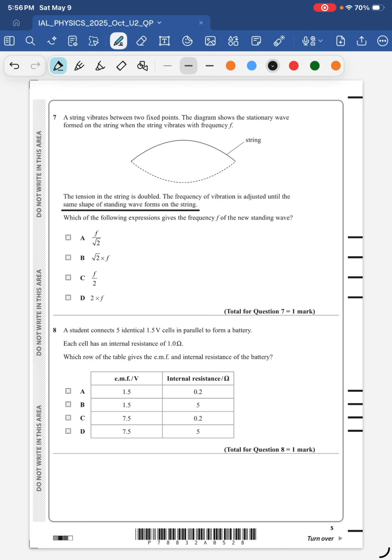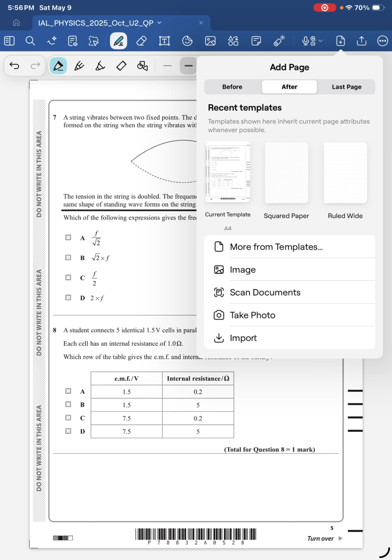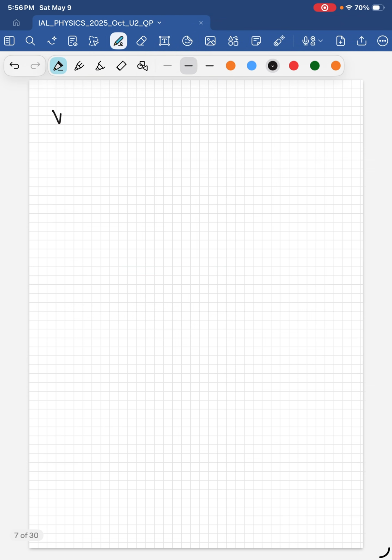So what I underlined is the most important piece of information about this problem, because they tell you that they want the wavelength to be the same. Okay, so let's start by, let me use a clean page because I will need to write a few things. So the velocity is going to be the square root of the tension over the mass per unit length of this string.